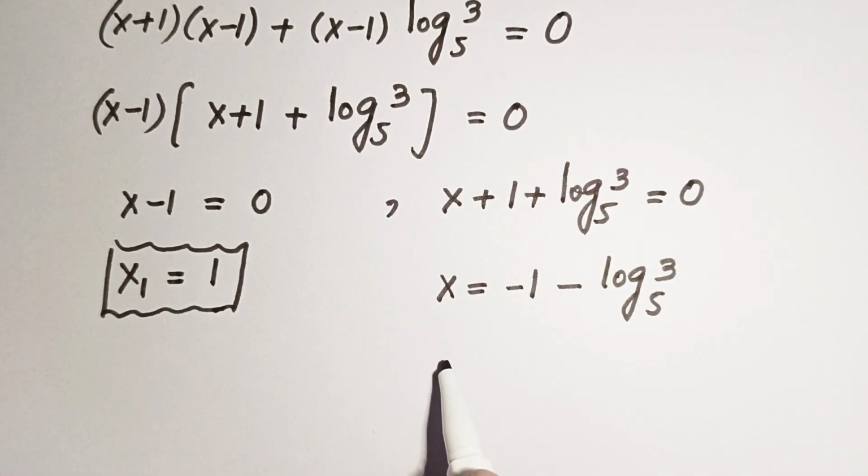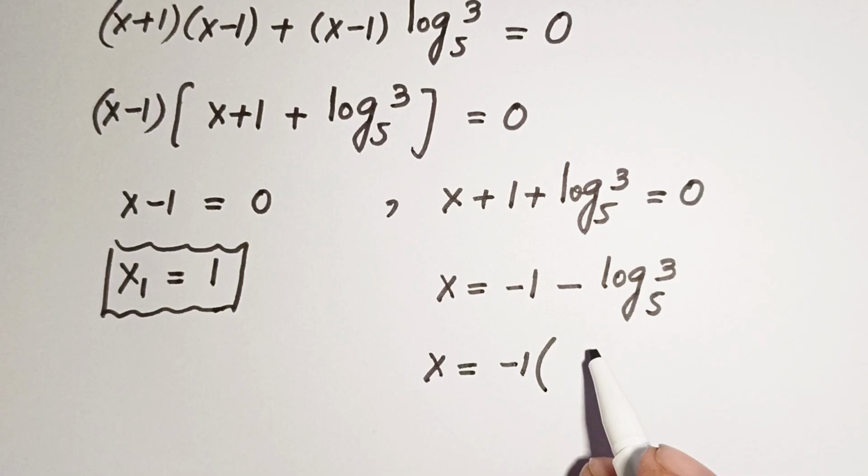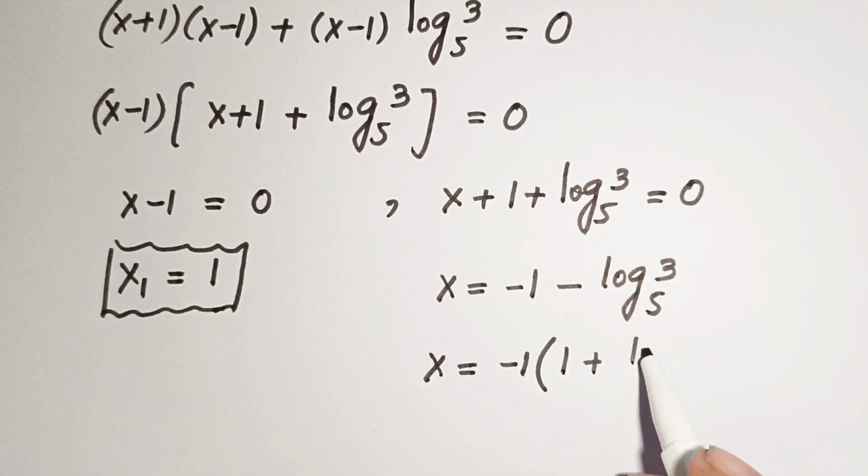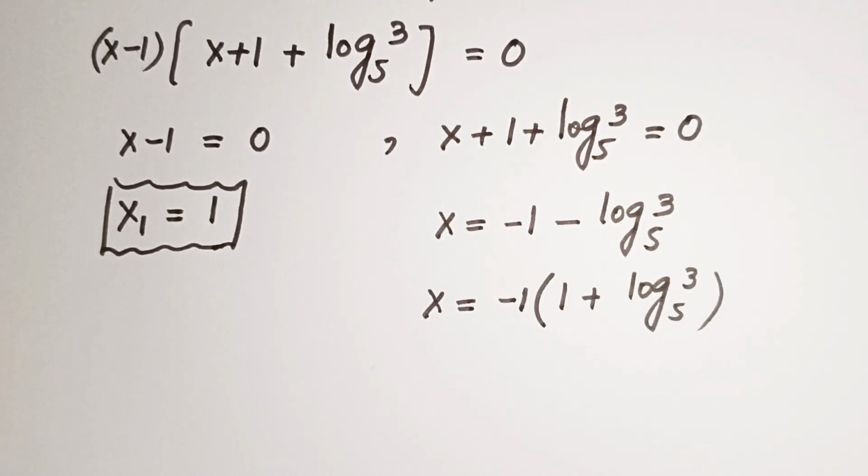So here x is equal to, if we write this with minus 1 as common, we have minus 1 times, minus times minus is plus, 1 plus log 3 to base 5. Now as we know by the logarithm law, log b to base b is equal to 1.